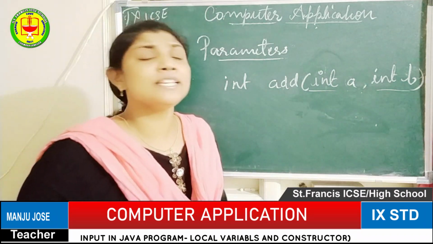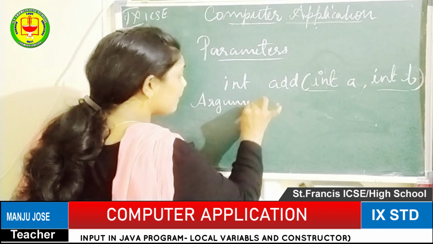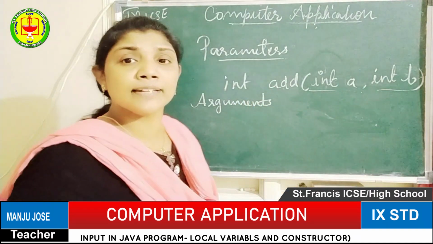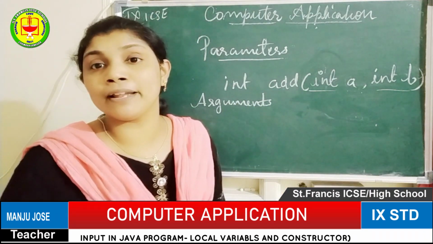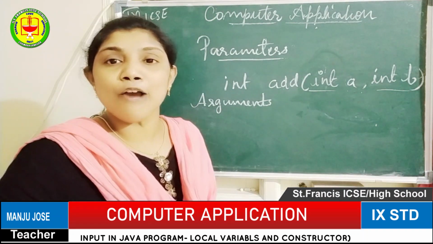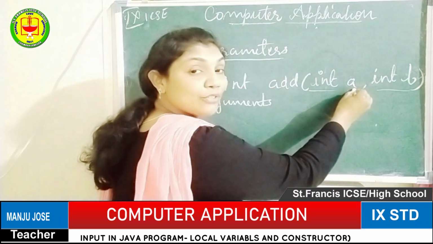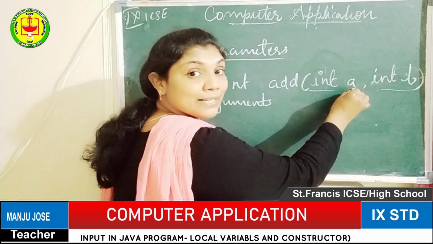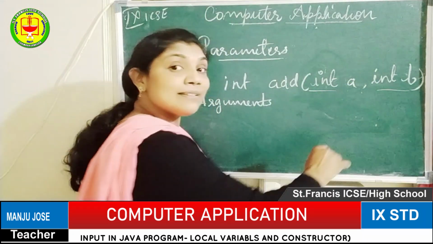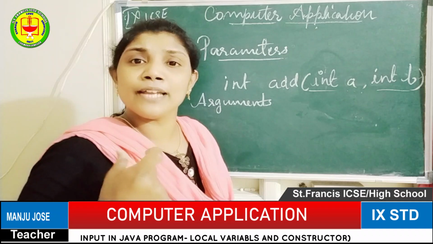The next one is arguments. Normally we say they are the same, but they are not similar, though they are related. The variables we use inside the function are called parameters. These parameters may be assigned some values.